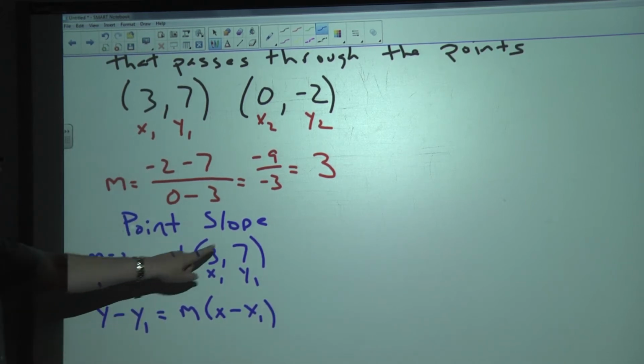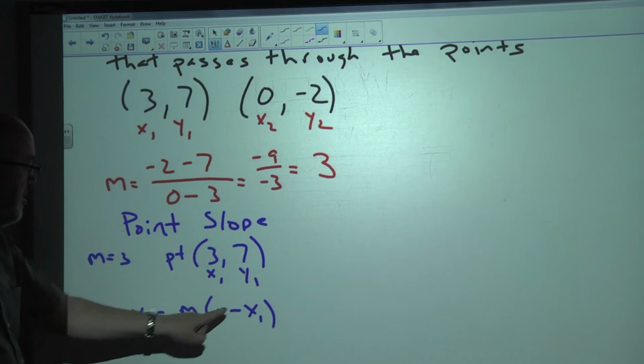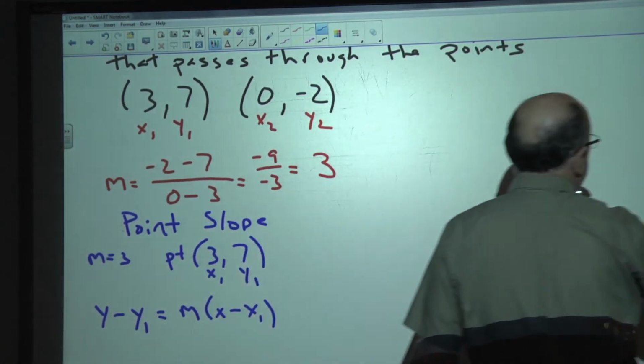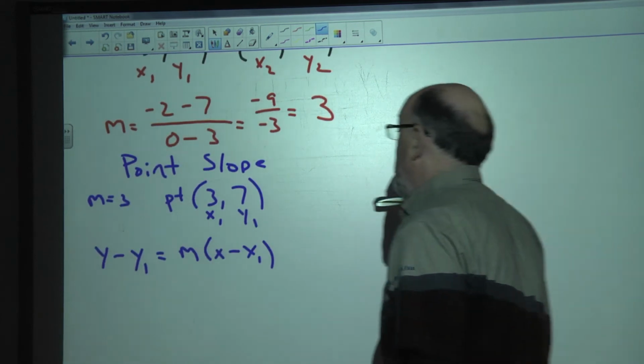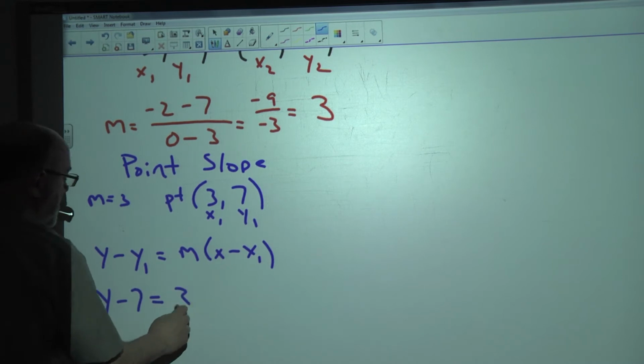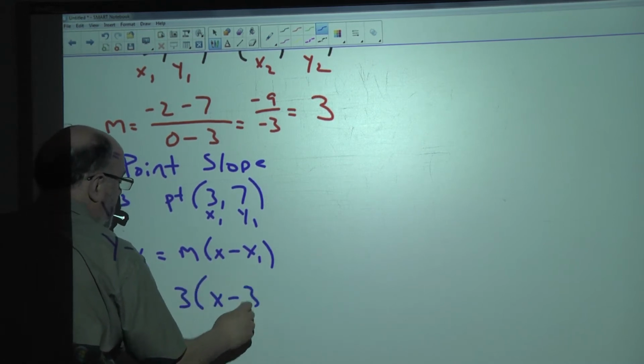So we take these 3 numbers, and we plug them into these 3 places. And so when I do that, we end up with y minus 7 equals 3 times (x minus 3).